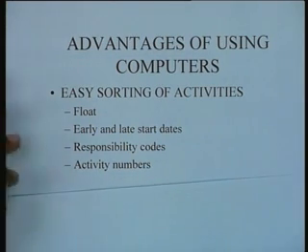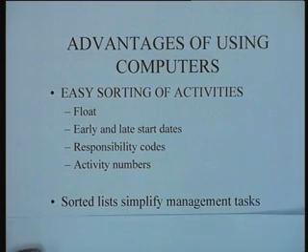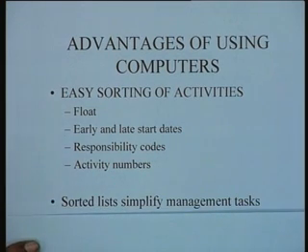Now this sorting of activities by whatever means you want to do, in fact why it is useful is that these sorted lists tend to simplify management tasks considerably, and it is because of this simplification that computers have found tremendous use in trying to plan and implement projects, because all these routine management tasks can be handled very effectively when one is trying to use a computer.